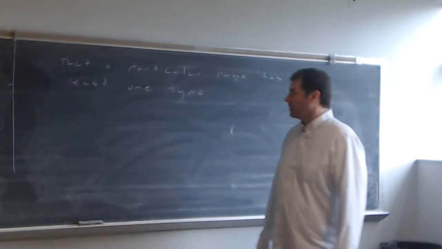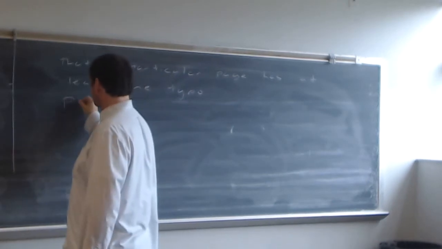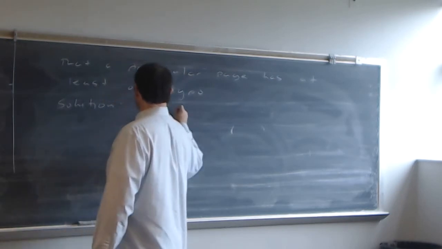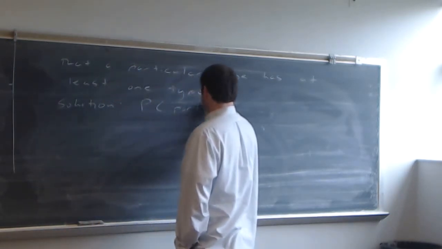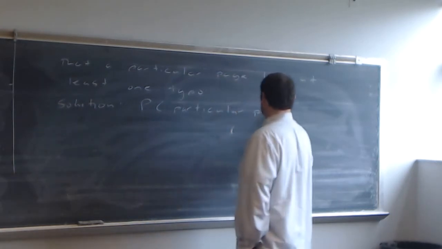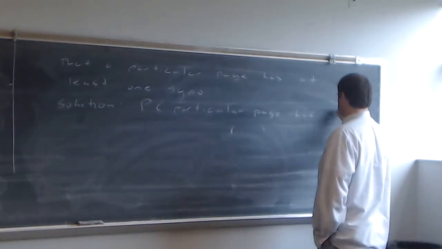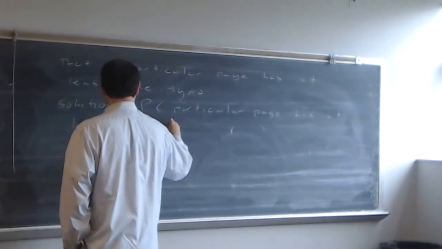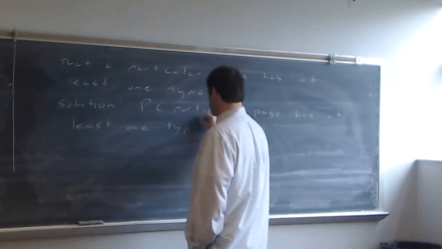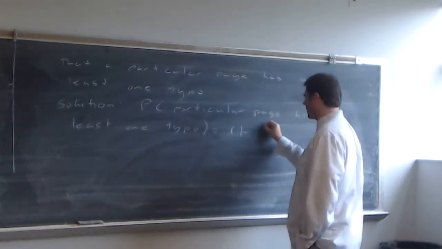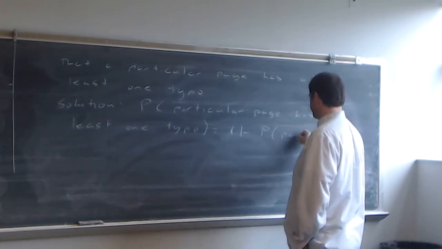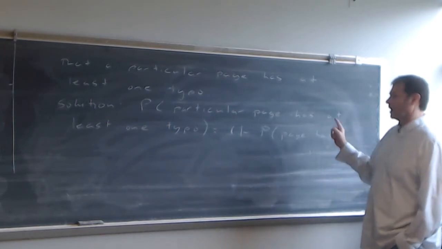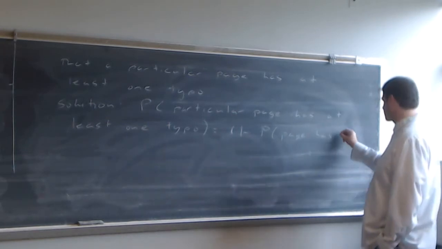The way I'm going to do this problem, here's my solution. The probability that a particular page has at least one typo is equal to 1 minus the probability that the page has, well, I'm writing down the complement here, and the complement of at least one typo is no typos.